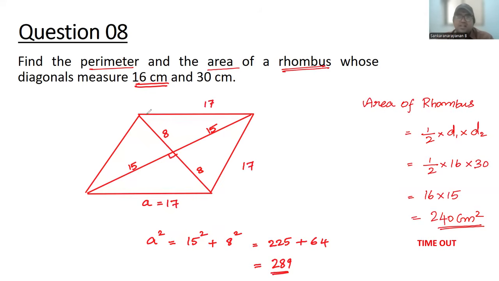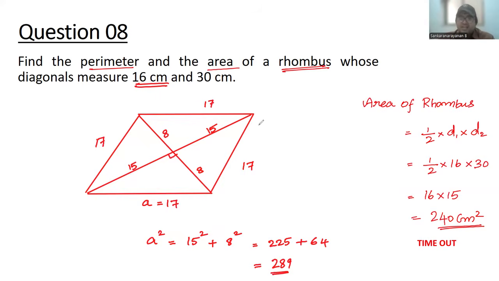So I can see that now the four sides are 17 centimeters each. So that gets me the perimeter, how much it will be equal to. That is equal to 4 into 17, right?